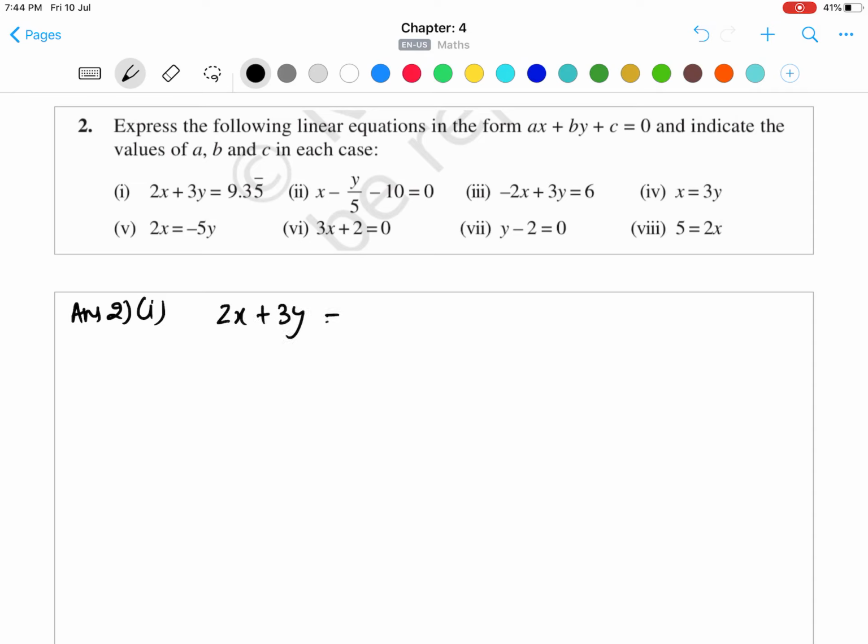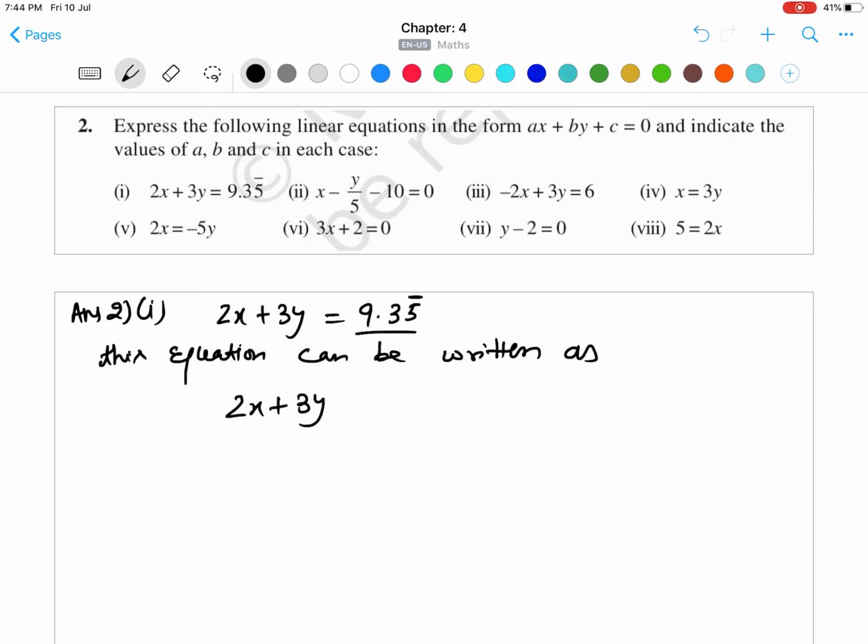2x + 3y = 9.35 bar. So this equation can be written as 2x + 3y, and when you shift the 9.35 bar onto the left-hand side, it will be 2x + 3y - 9.35 bar = 0.